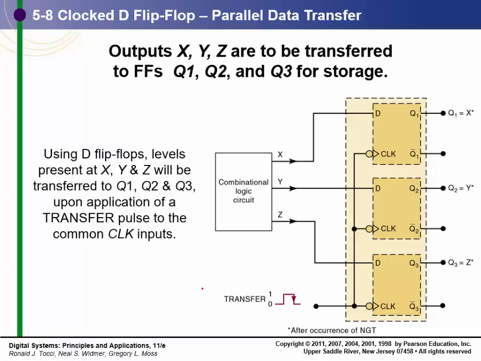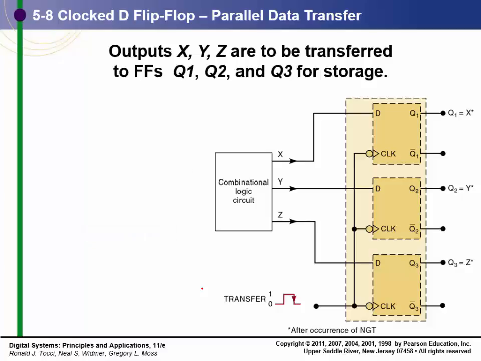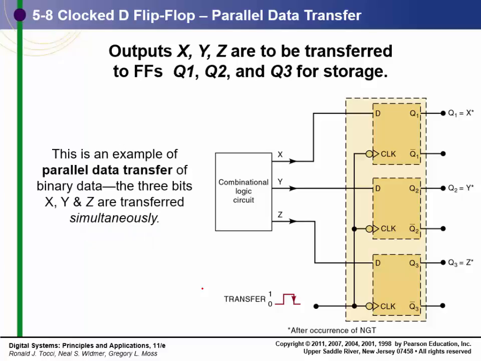Okay, parallel data transfer. This is again what we're looking at here, using D flip-flops. All we're going to do is latch the data at this point, and then it's going to be read out at a later point in time. In this example, all 3 bits are transferred simultaneously.